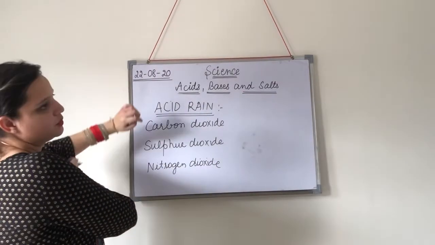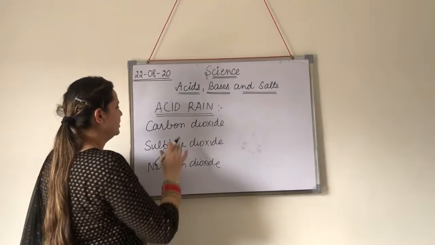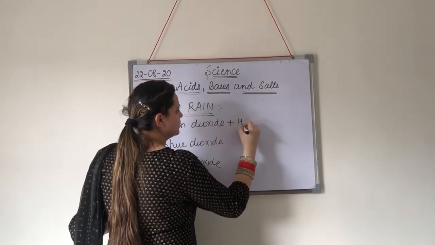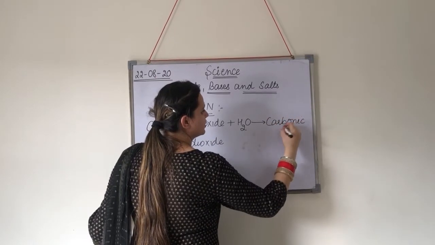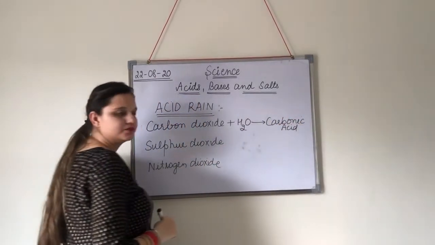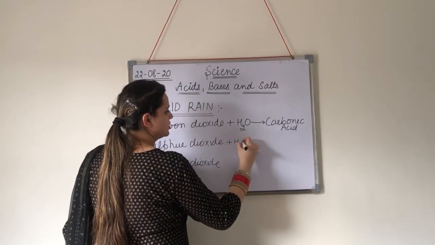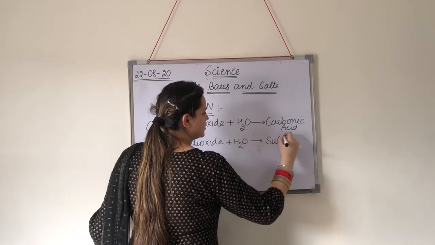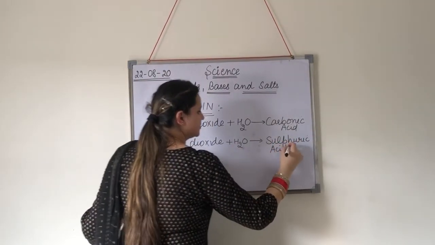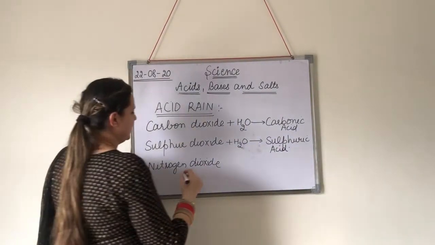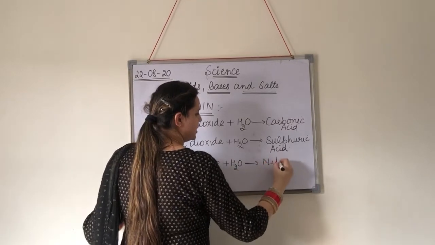So these are the various gases that are liberated in this exhaust. Okay, so carbon dioxide when it reacts with water gives you carbonic acid. So this is the first acid. Sulfur dioxide when it reacts gives you sulfuric acid, right? Nitrogen dioxide when it reacts with water gives you nitric acid.